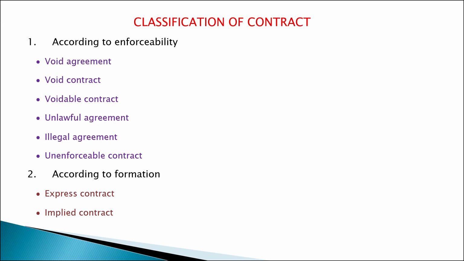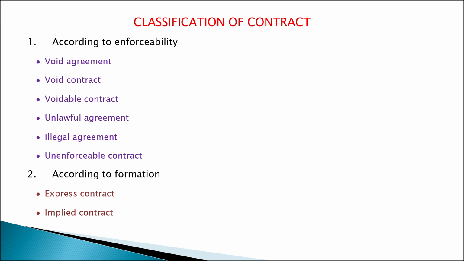So next, the second classification is according to formation. Based on the mode of formation, the contract may be classified as follows. The first one is express contract. It is the one that is entered into by the parties by words, either spoken or written. Usually it will be in a written form.